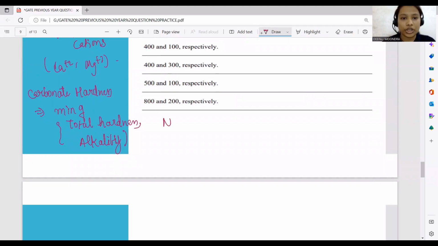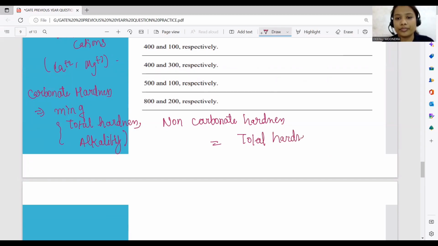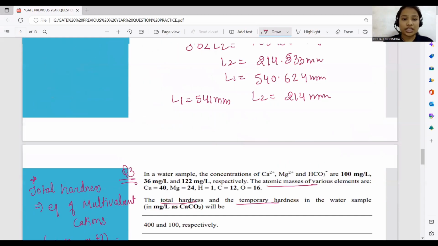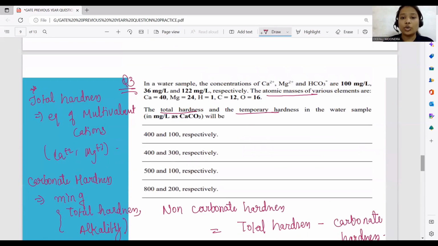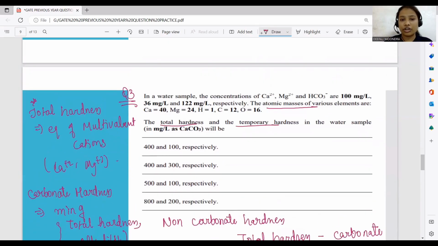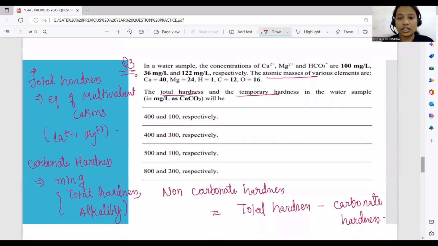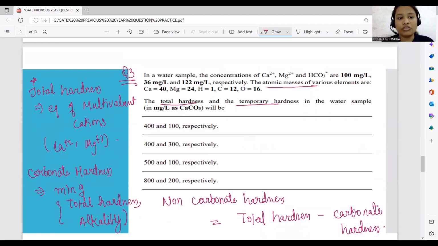And for the non-carbonate hardness, it is total hardness minus carbonate hardness. So now what is the question that has been asked? It is asked about total hardness and temporary hardness. First of all, let's take a screenshot of this, the very important formulas of total hardness, carbonate hardness, and non-carbonate hardness.